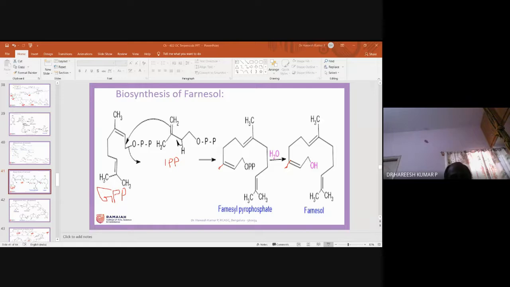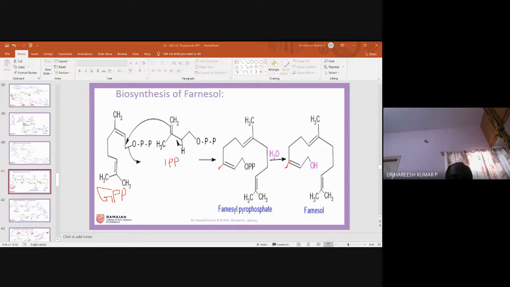So once there is a new bond formation between this carbon and this proton, this particular CH2 carbon attains a positive charge. So now you know that there is a migration. The CH3 group present over here will migrate from this carbon to this carbon. So what it means is, you know that this is a primary carbocation, and this will be what is called a tertiary carbocation. You may consider this a Wagner-Meerwein rearrangement.